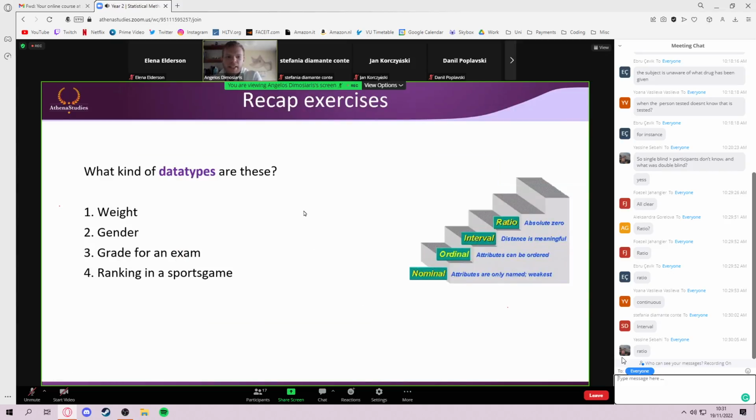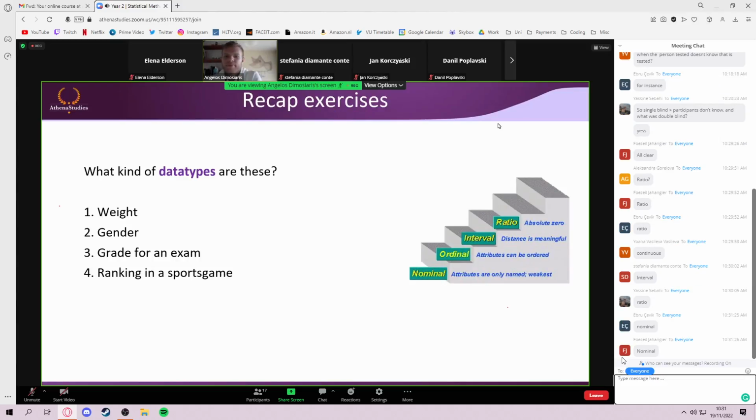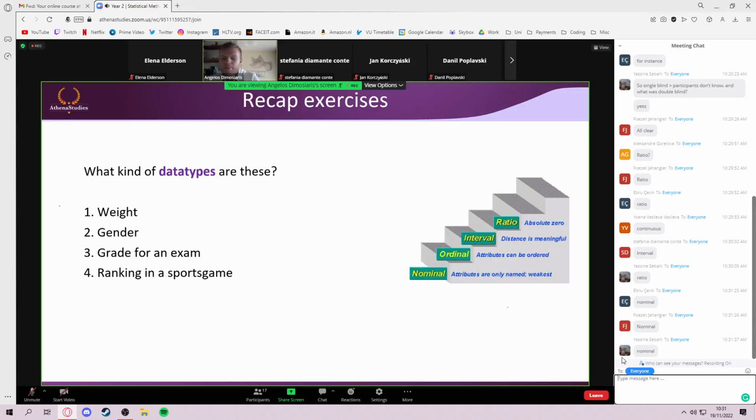So yeah, weight is ratio. Gender is what type? Some people say nominal. Okay, we have established the social norm here to say nominal. Yes, it is true. Gender is nominal.